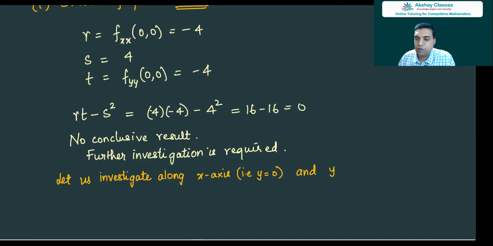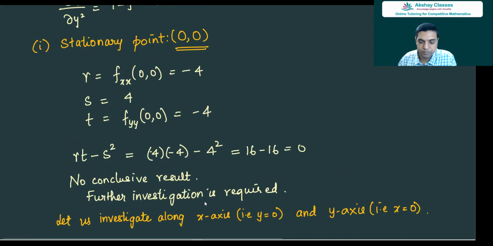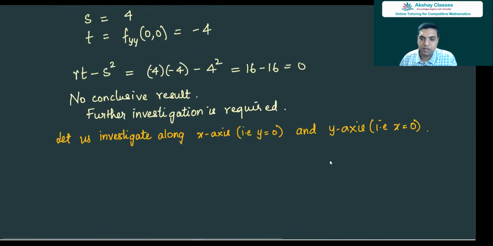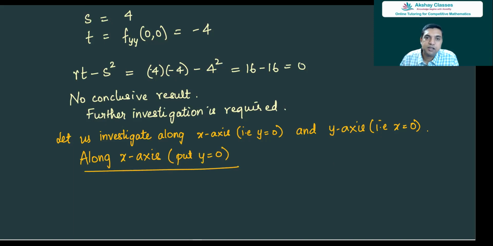And the y-axis, how the derivatives vary. Along the x-axis, what happens? Put y equal to 0. So f of x comma 0, how will it be?